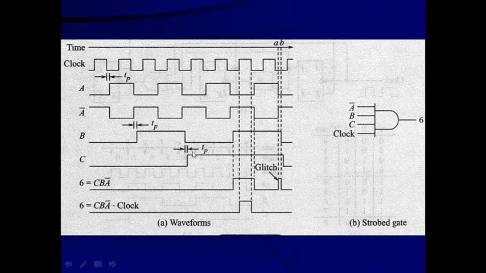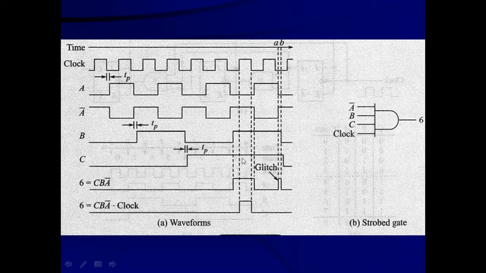So now, what is happening? If you are decoding state number 6, that means when the outputs of flip-flops C, B and A bar are high, a pulse is going to be generated. That is state number 6.